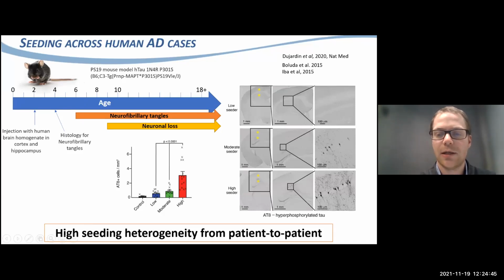And this 2 month period was enough to induce seeding, and that's what you can see here. On a low seeder, you don't see any neurofibrillary tangles, but you see them coming for the high seeders, and that was quantified here, following the two other assays very well. So there is a high seeding heterogeneity from samples in this cohort.